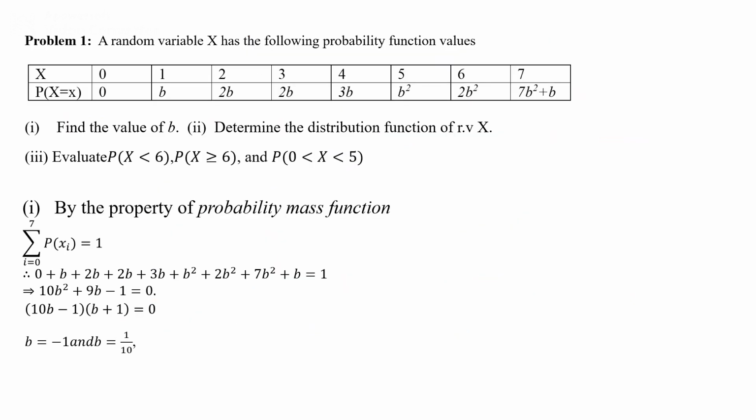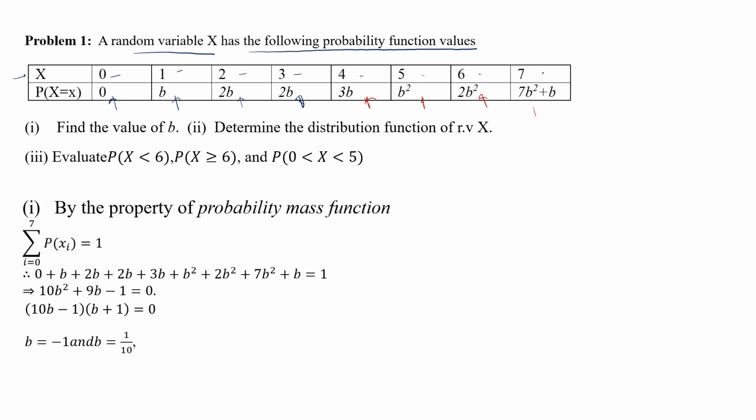Now we take up one problem. Suppose we have a random variable X, with the following probabilities of the function values defined when X is equal to 0, 1, 2, 3, 4, 5, 6, 7, and the corresponding probabilities are given as 0, b, 2b, 3b, 3b, b square, 2b square, 7b square plus b.